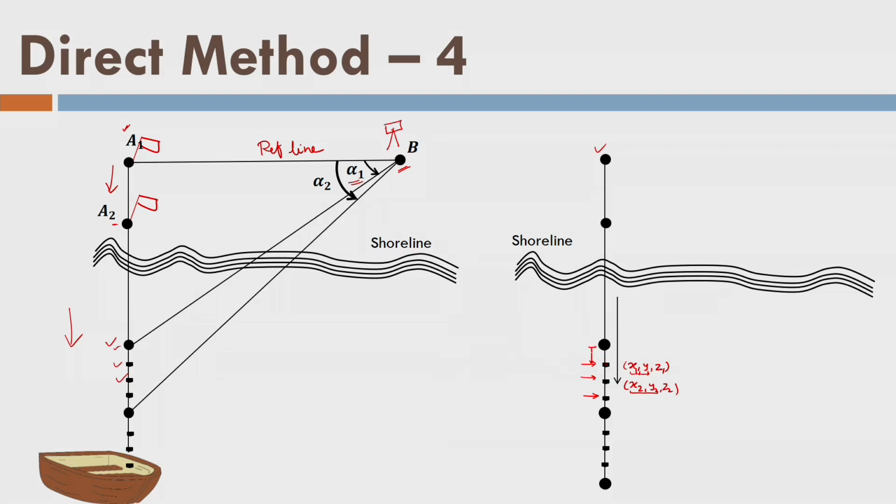So, we are measuring this distance here, this distance here, this distance here, and so on. In order to measure these distances, we are using a clock, that means speed of the boat into time difference.